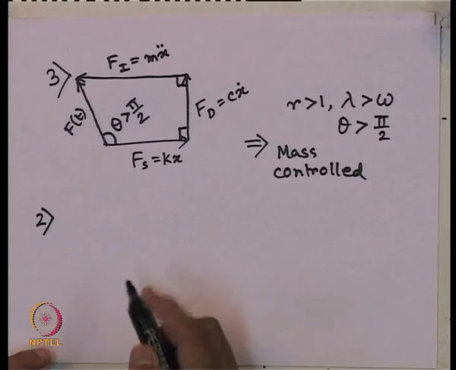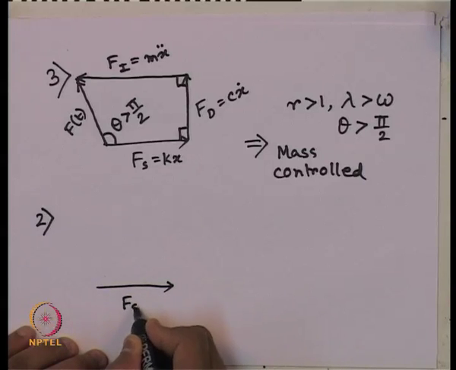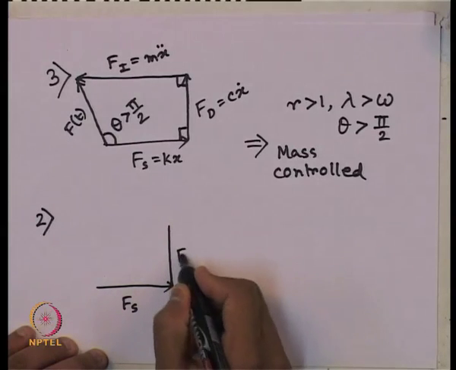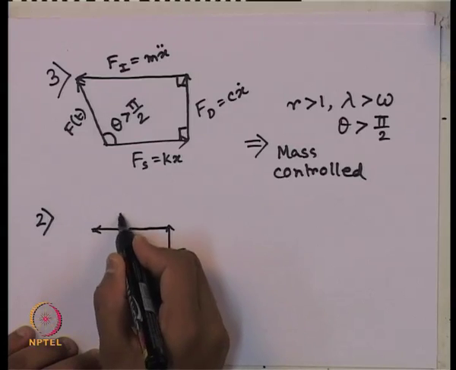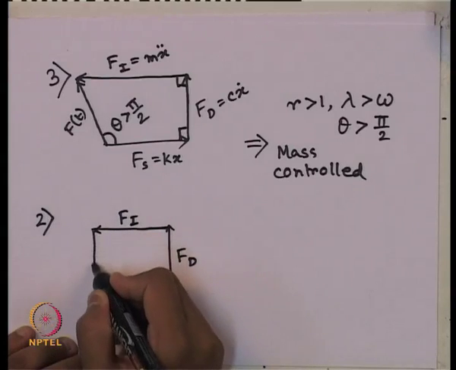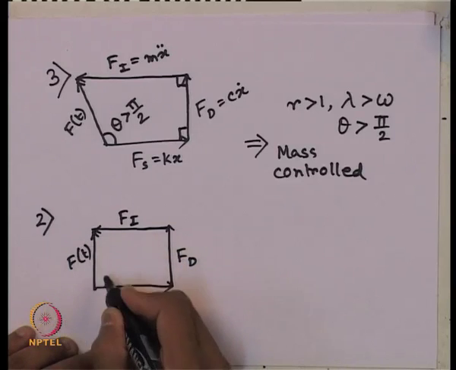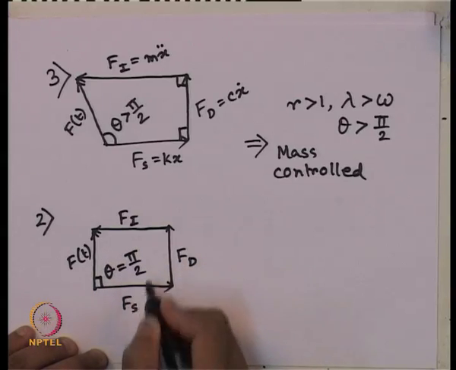second case, which is something like F s, F d, F I and F t with theta equals to pi by 2.